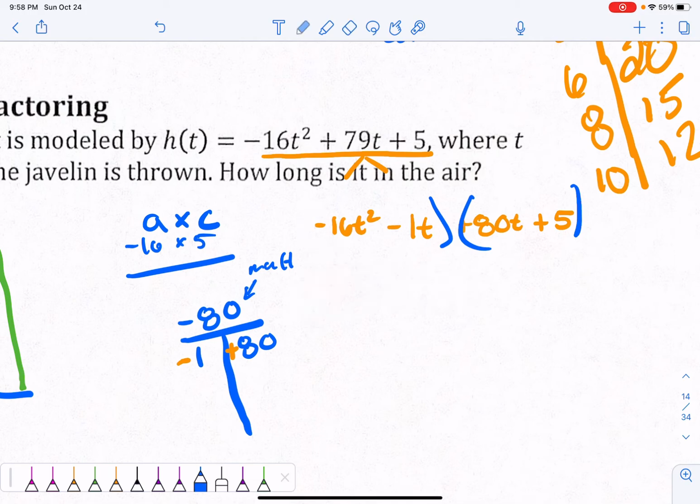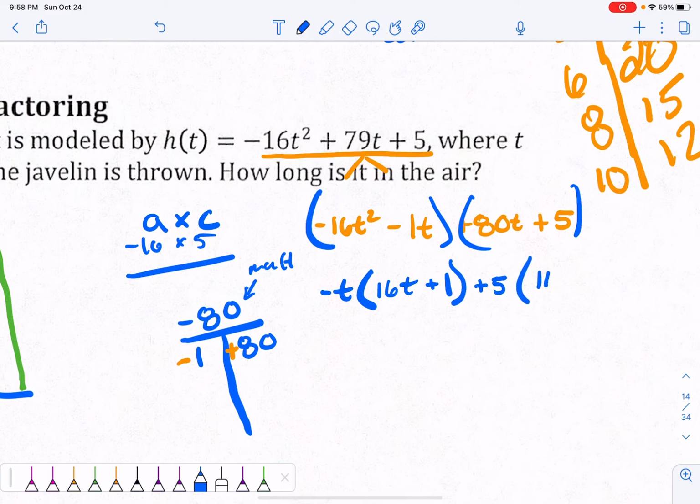Let me start over. Let's take out a negative t, and left over is 16t plus 1. There we go. That's what we want. Okay. Then here, let's take out a positive 5, and left over will be 16t plus 1. Then my 2 pieces are 16t plus 1 and negative t plus 5.